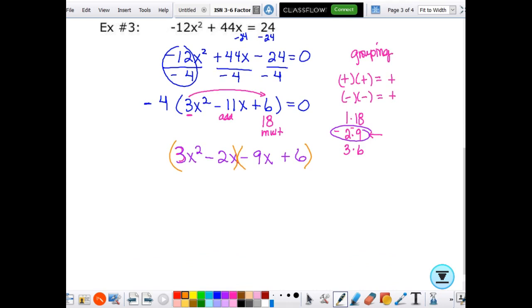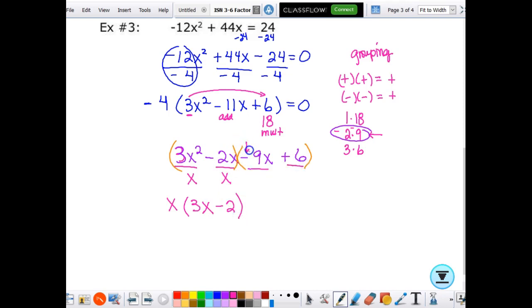Let me move this up a little bit. What will 3x squared and 2x both divide by? 3 and 2 don't really divide by anything, but these will both divide by an x. So when I do that, I get 3x, these little x's cancel out here, minus 2.